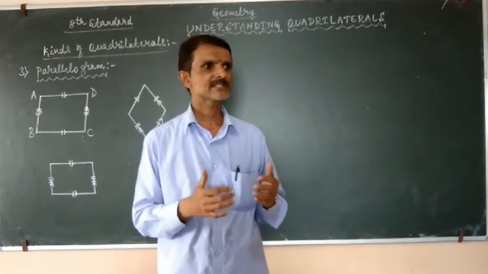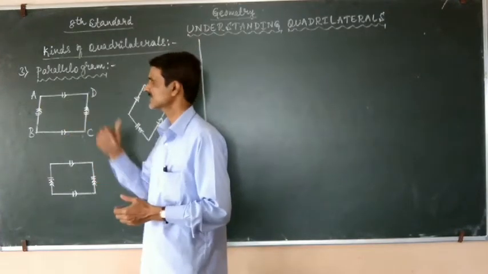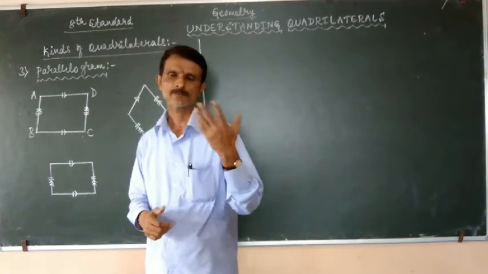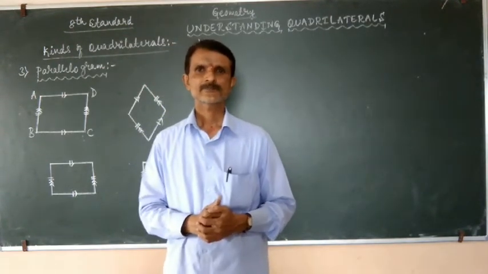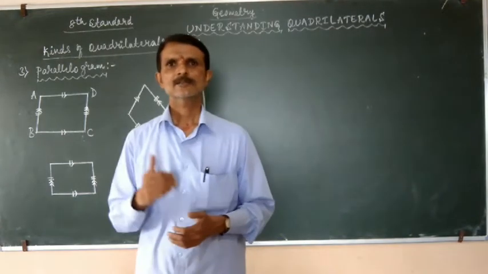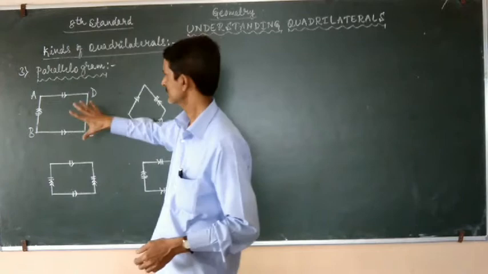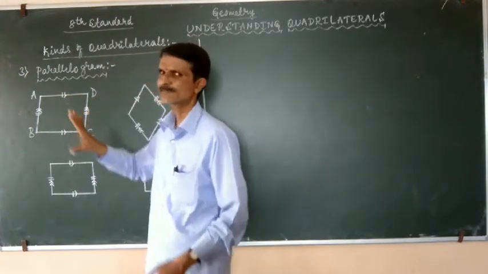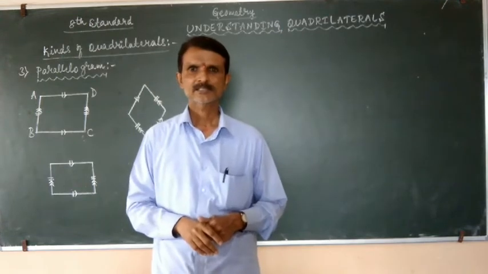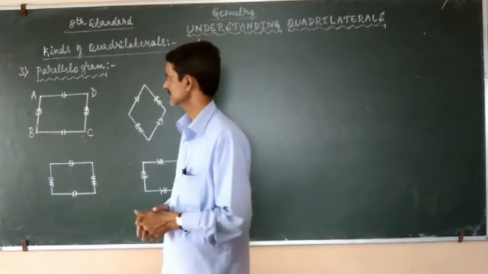A parallelogram is a quadrilateral in which a pair of opposite sides are equal and parallel. Parallelogram is a type of quadrilateral in which opposite sides are equal and parallel.